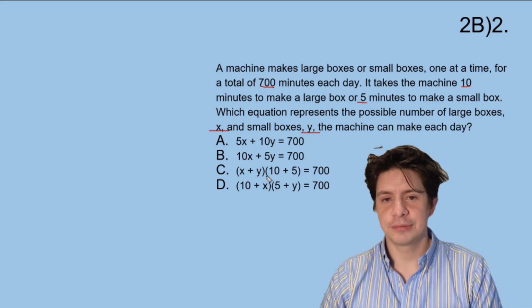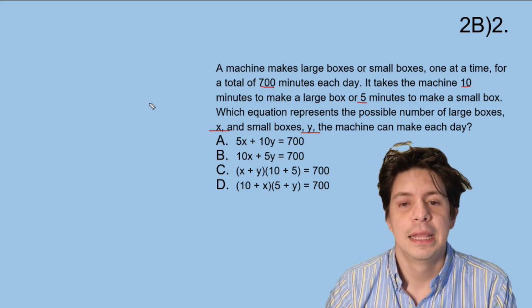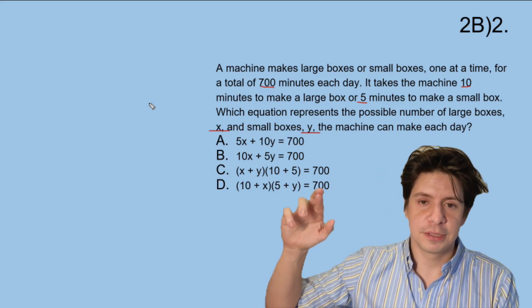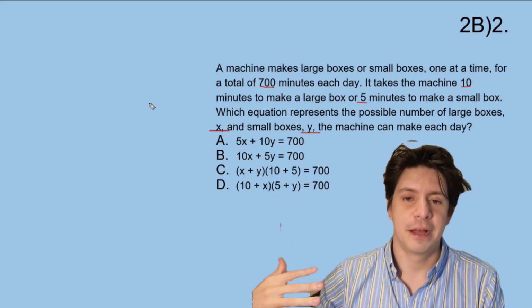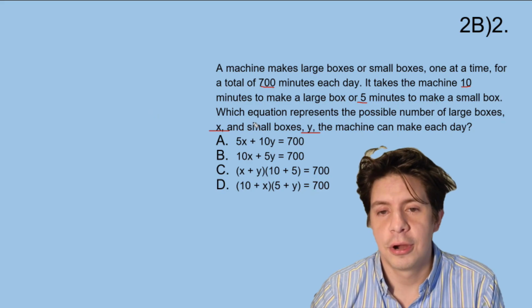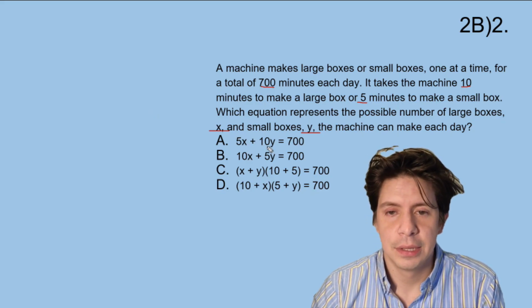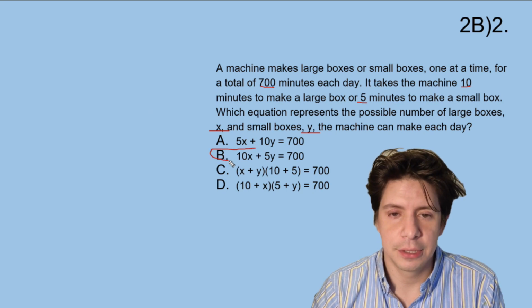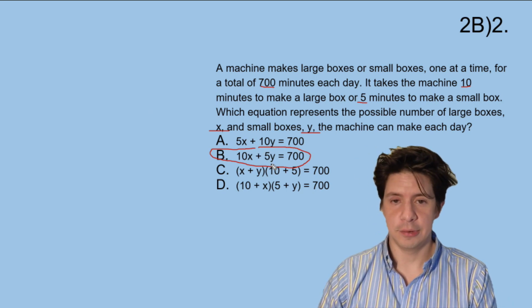So if you look at this, right, each large box will be 10, so you're going to multiply the number of large boxes by 10, and you're going to multiply the number of small boxes by 5. So since large is X and small is Y, we're going to go with B, right? Large is 10, X is 10, and then the other one is 5.